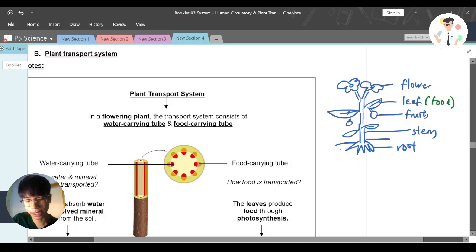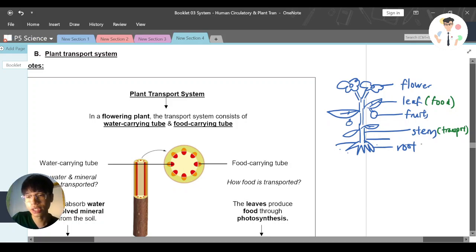Stem, we know that it kind of transports the items. And it anchors firmly on the ground so that it will not be uprooted that easily.